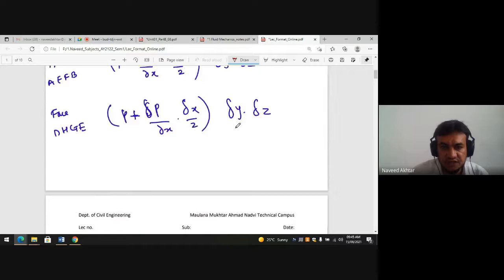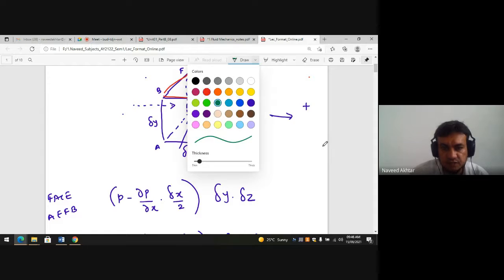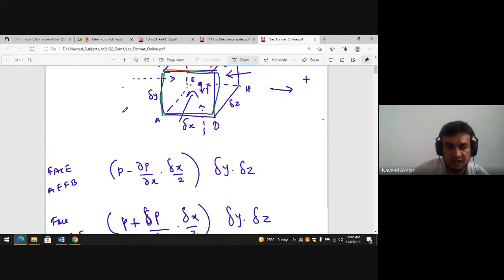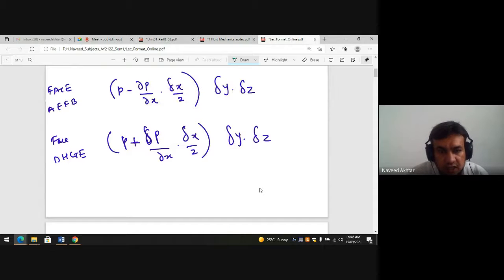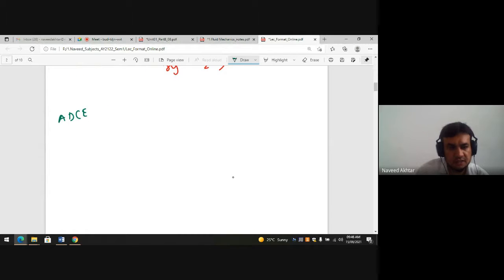Now if you consider this elemental part ADCB, I will change the color to help you understand. The elemental part ADCB acts on the area δx δy.